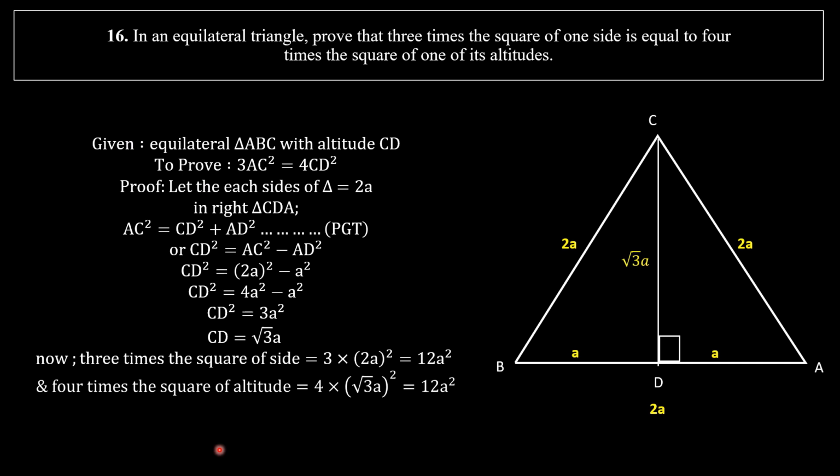So it comes out to be 12A square, as was asked in the question to prove. So it is proved that 3 times the square of one side of an equilateral triangle is equal to 4 times the square of its altitude, right? So this is the last question of exercise 6.5.